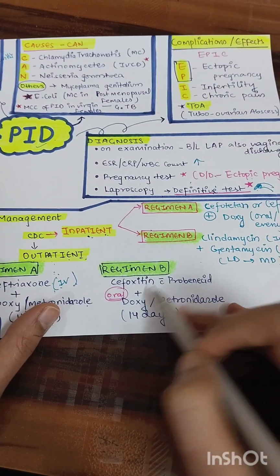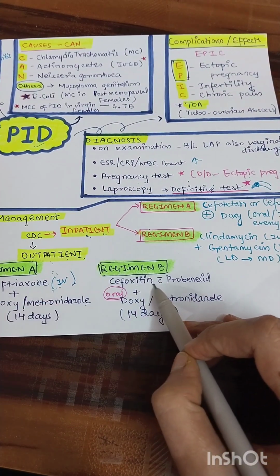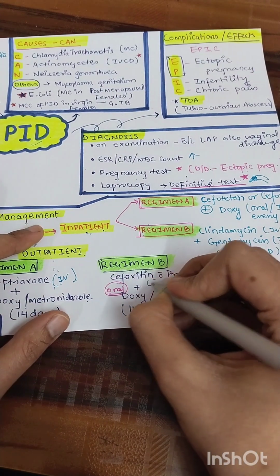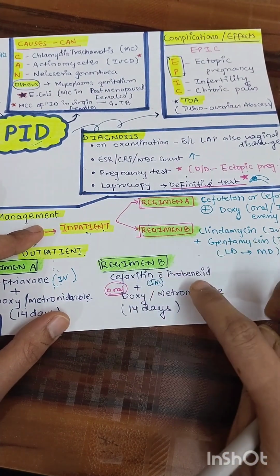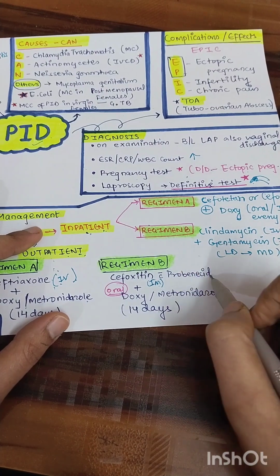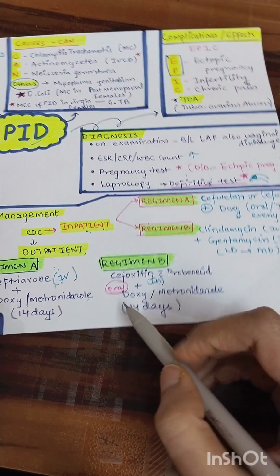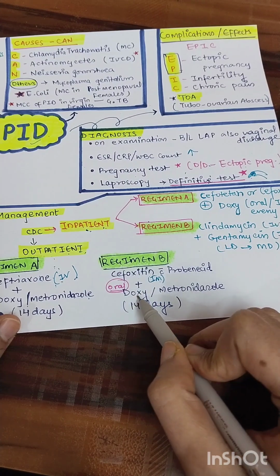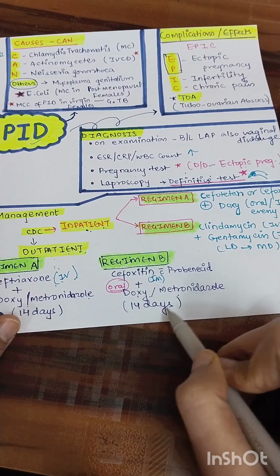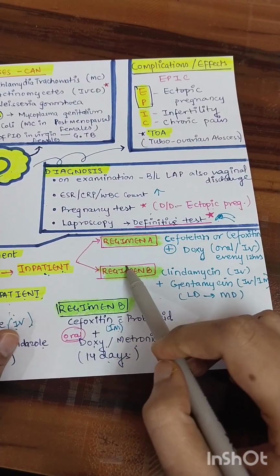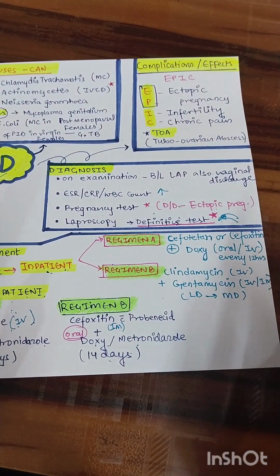In regimen B, cefoxitin you have to give by IM route along with probenecid. This probenecid is given orally, concurrently along with the cefoxitin, with doxycycline with or without metronidazole for 14 days.